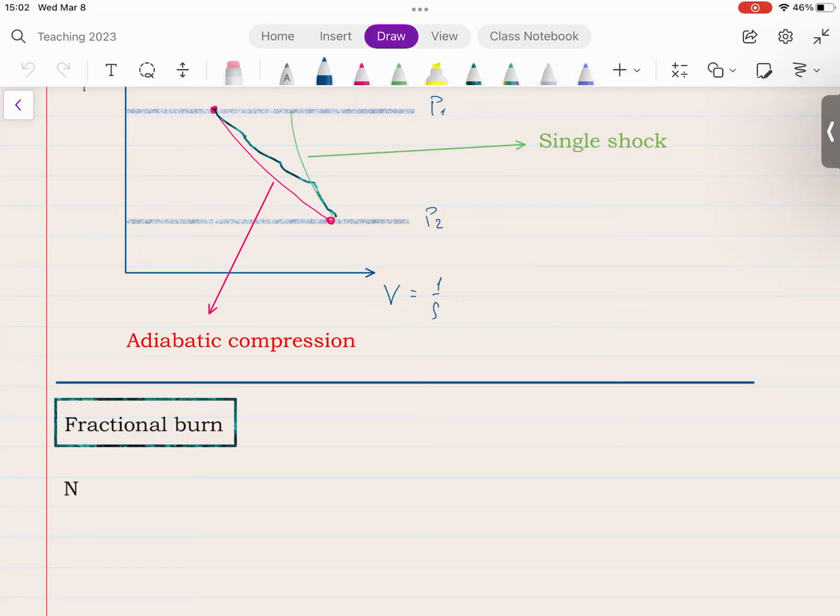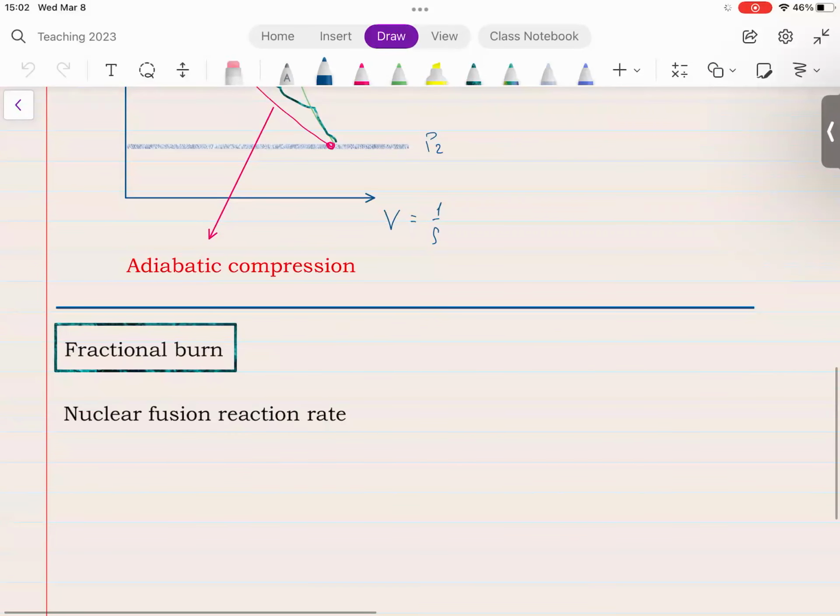Now, the starting point is the nuclear fusion reaction rate that is going to consume my fuel. That's going to give me a derivative of the density of the fuel with respect to time, equal to the reaction rate, with the opposite sign, the negative sign.